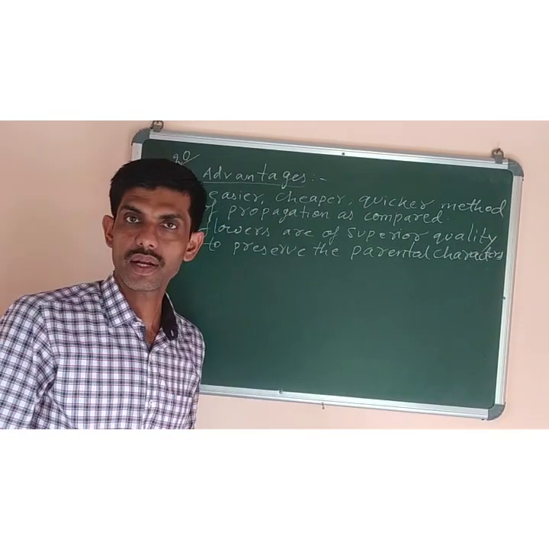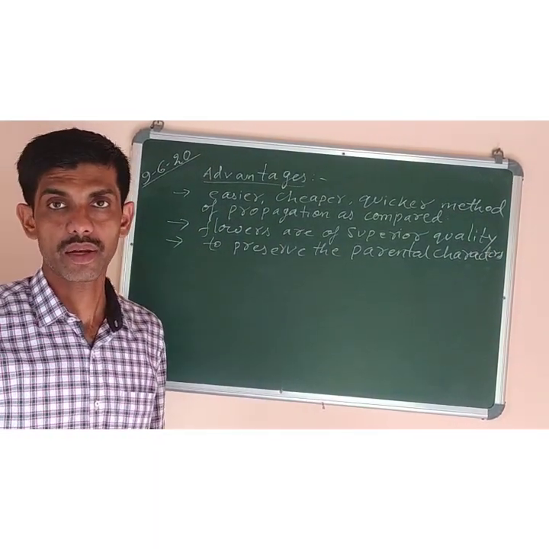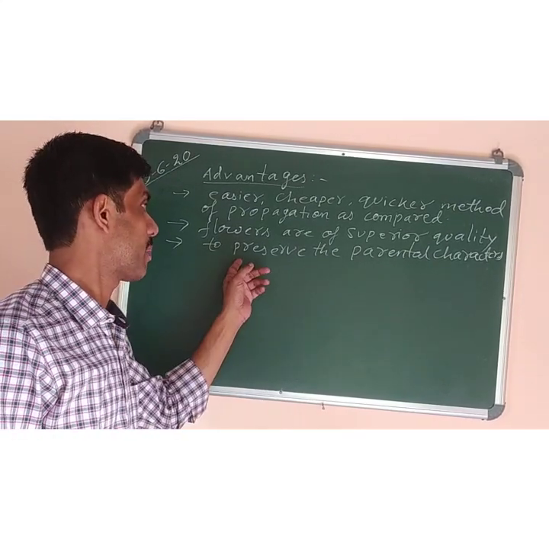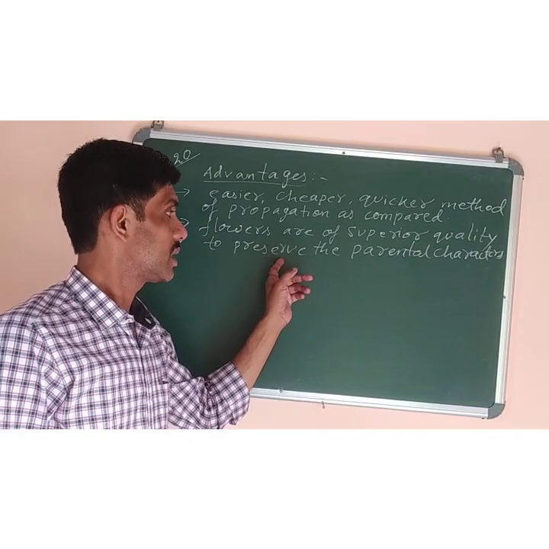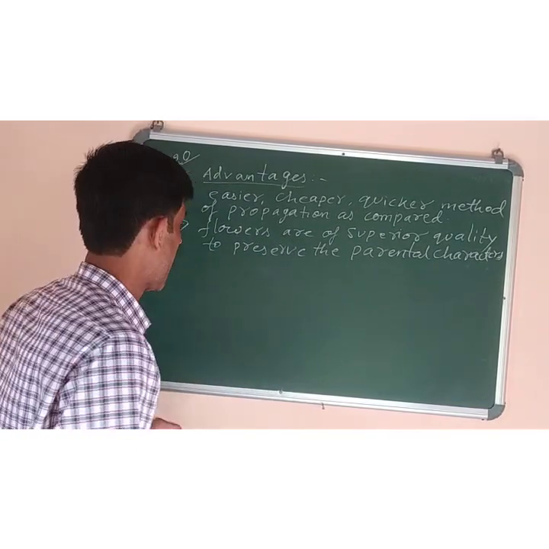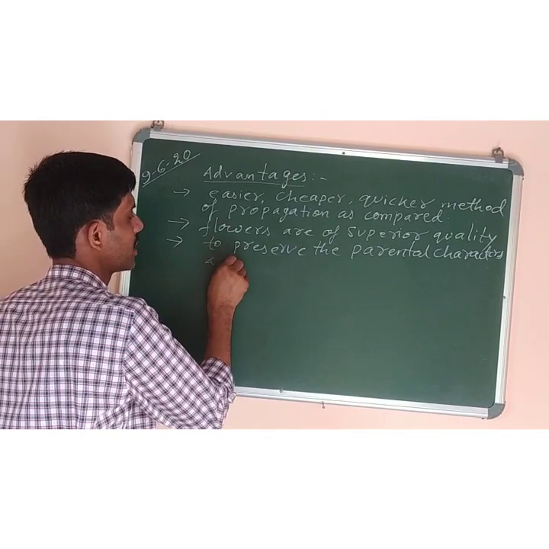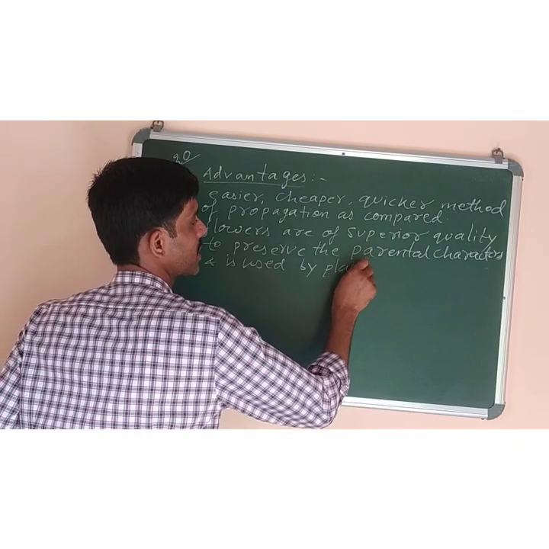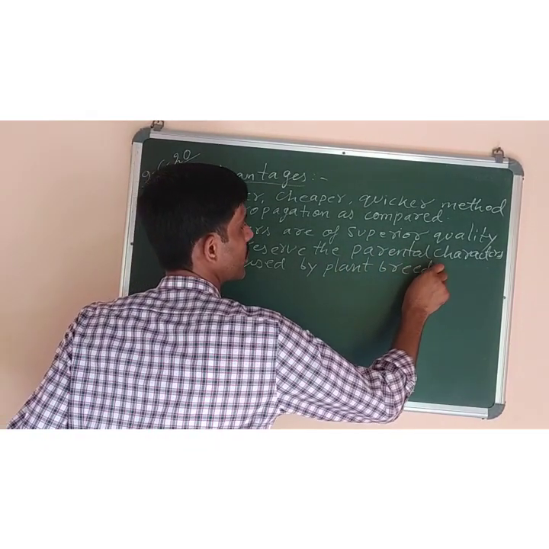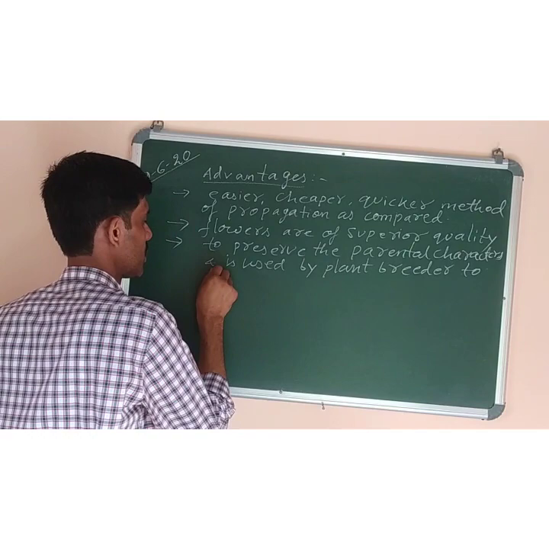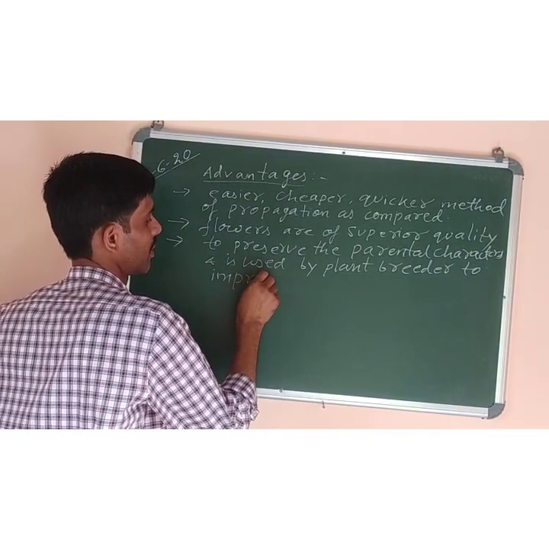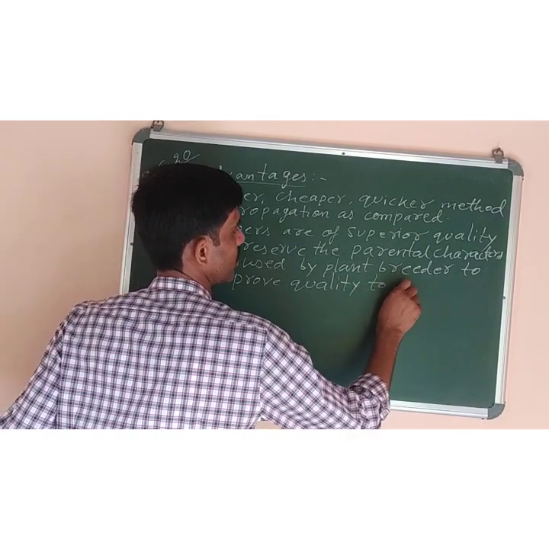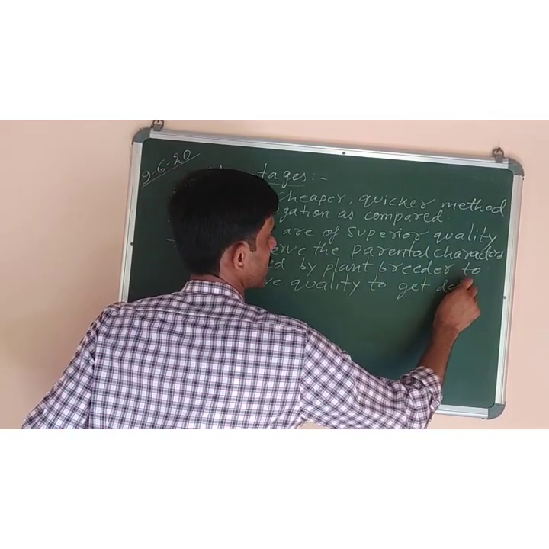Because the new plants are grown from the same parent plant by stem cutting, by layering or by grafting. So the parent characters are preserved by this method, and it is used by plant breeders, means those persons who are breeding plants to improve the quality or to get the desired varieties of plants.